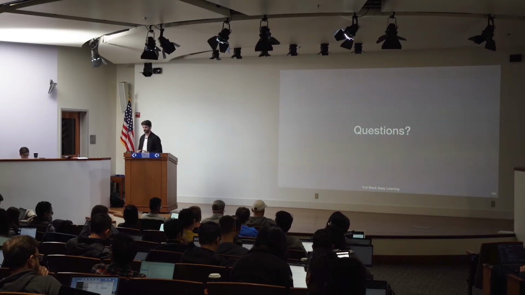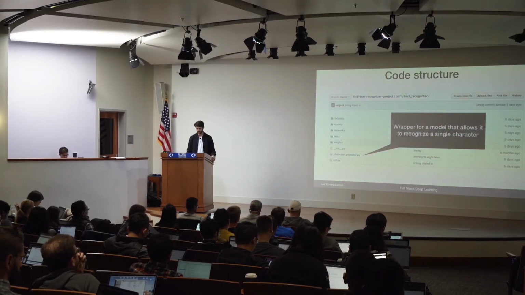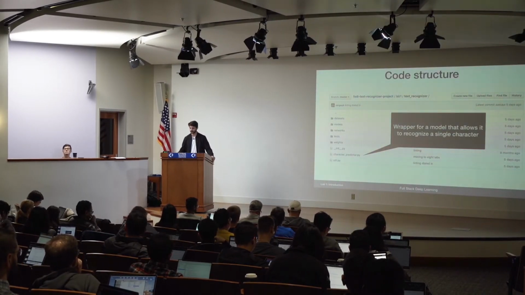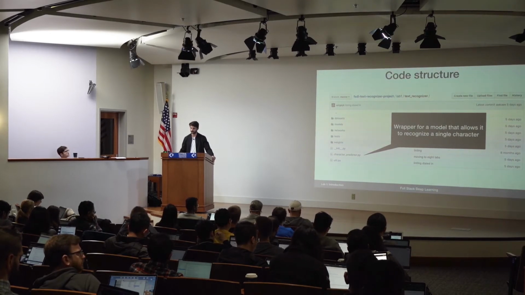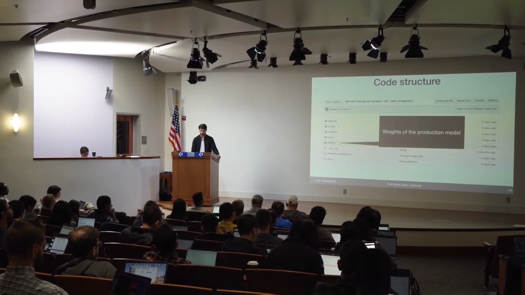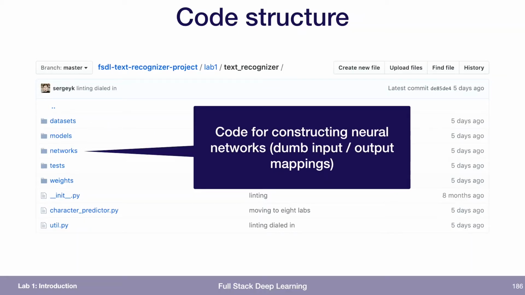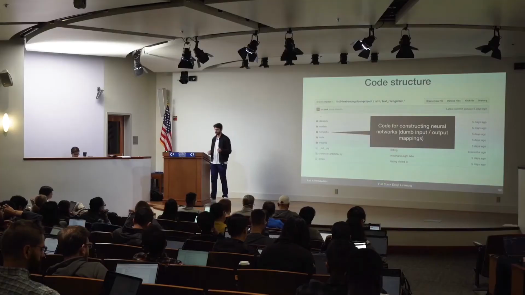The question is, what's the relationship between this networks folder and the training folder that lives outside of it? Training uses the networks folder to do the training. Basically, everything in this text recognizer folder should allow you to create a fully functional model that you could train if you wanted to.